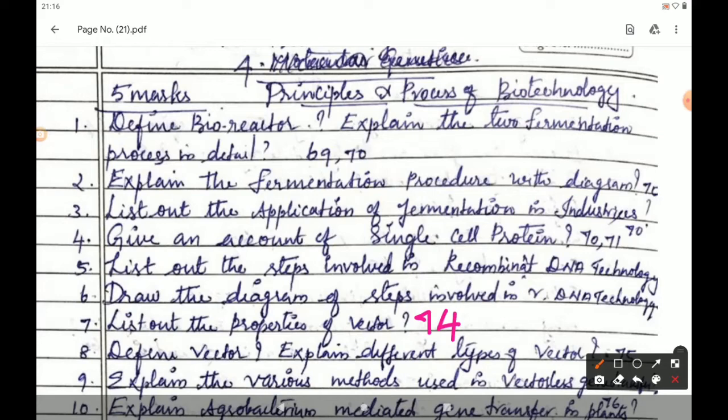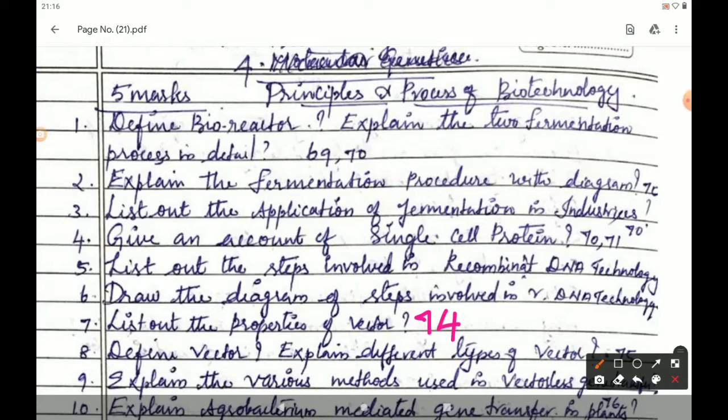Vector: first, what is vector? Vectors are able to replicate autonomously to produce multiple copies of themselves along with their insert DNA in the host. First is what is vector. Then next, it should be smaller in size.